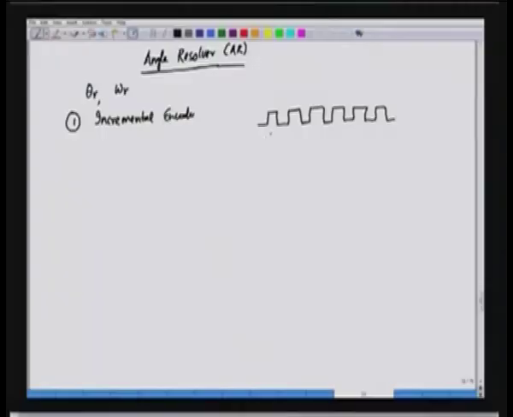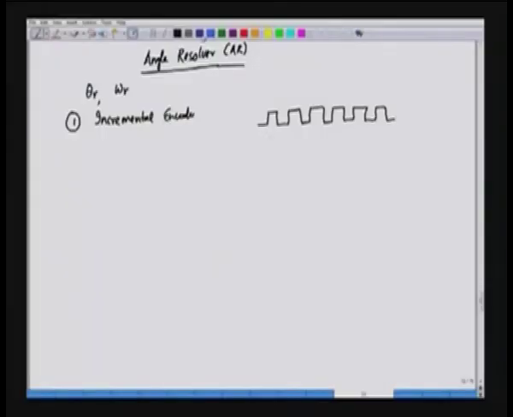So, this is one channel, and the other channel of the encoder will again give us a train of pulses, which is shifted from the other pulse by pi by 2. Maybe we can call this the x pulse, and this the y pulse. So, these two are the output of the incremental encoder.